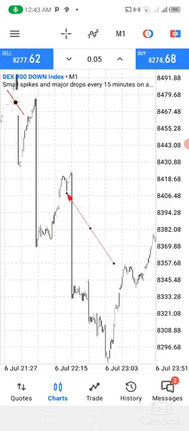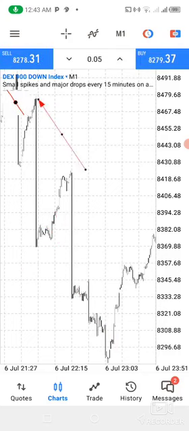That in a 900 down index, we have drops, major drops, which are very long bearish candles compared to any other candle.